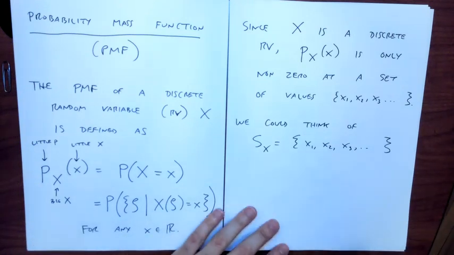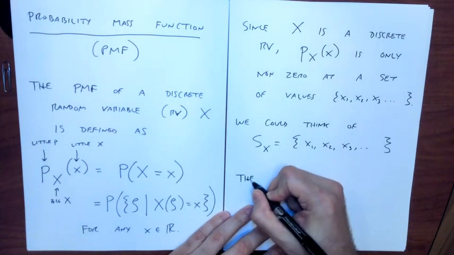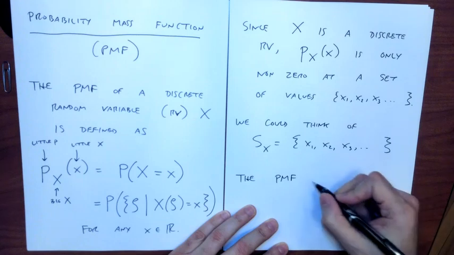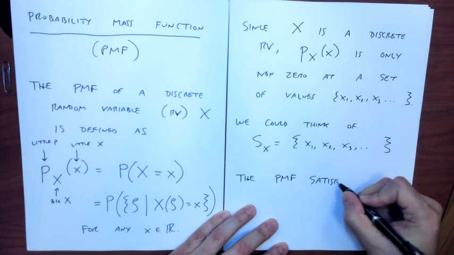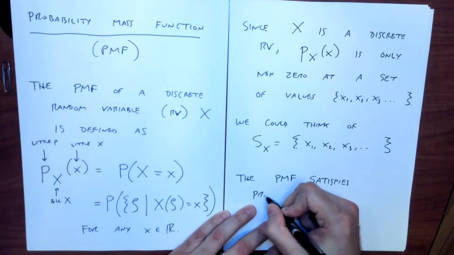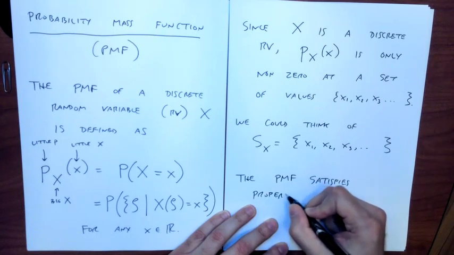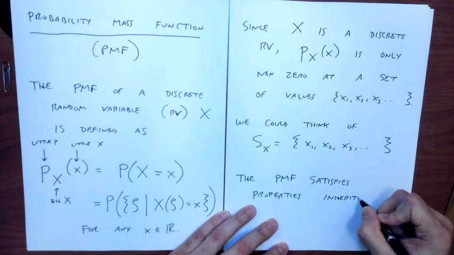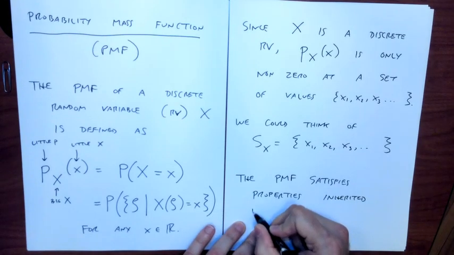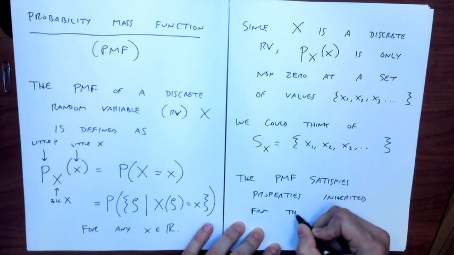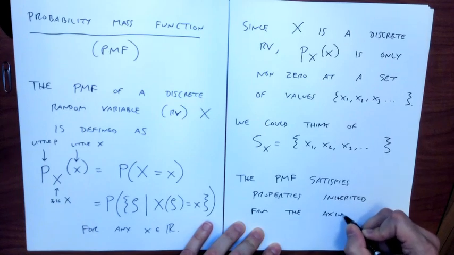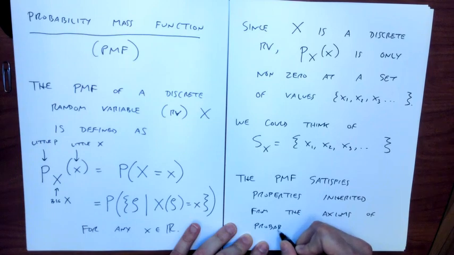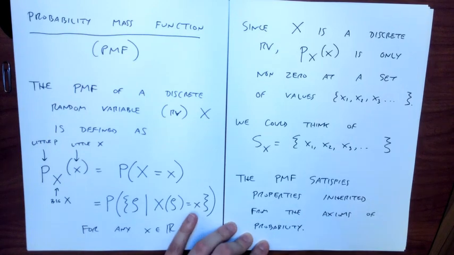So basically, the PMF has to satisfy a bunch of properties that are inherited from the axioms of probability. What do I mean by that?